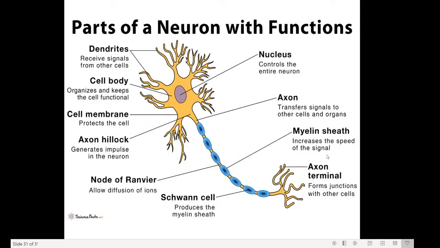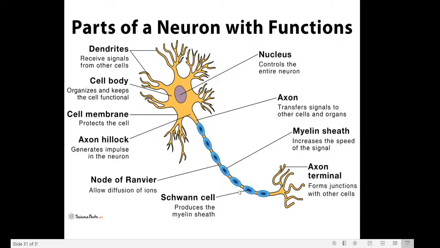Okay, what is the role of each and every part? In the neuron, the nucleus controls the entire neuron. Axons transfer signals to other cells and organs. Myelin sheath cells increase the speed of the signal. Axon terminals form junctions with other cells.